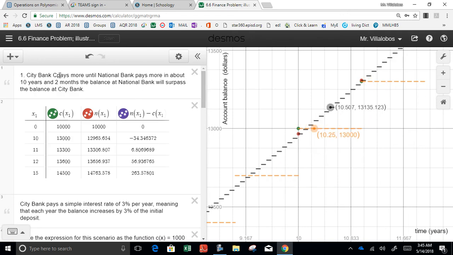So Citibank pays more until National Bank pays more in about 10 years and 2 months.